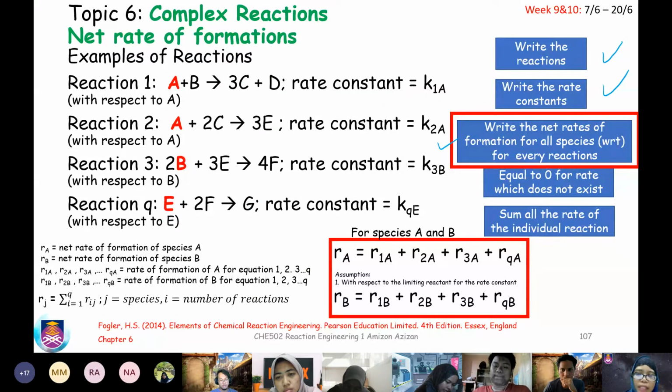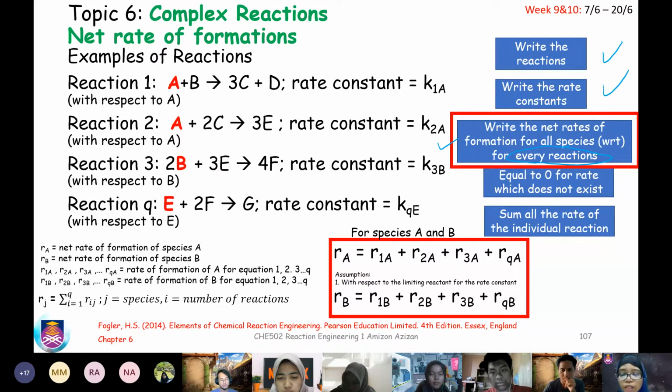The third one is writing the net rates of formation. So simply adding all the rates of formation for all species, for every reaction. Let's say we choose to write the rate of formation only for species A and B. This is just an example.